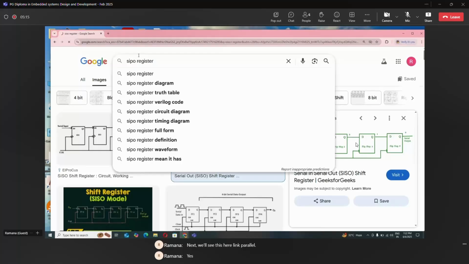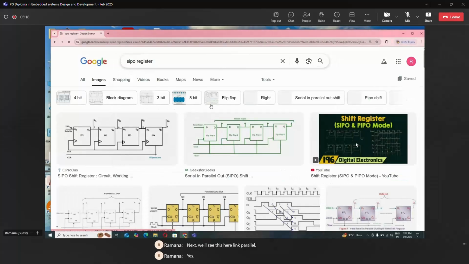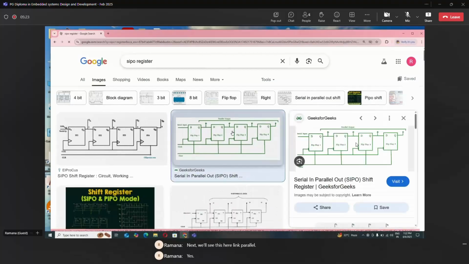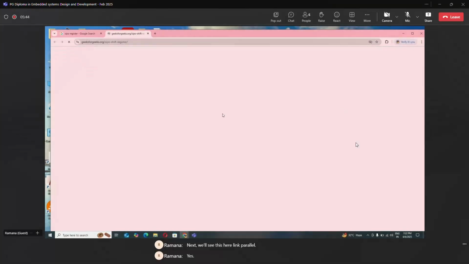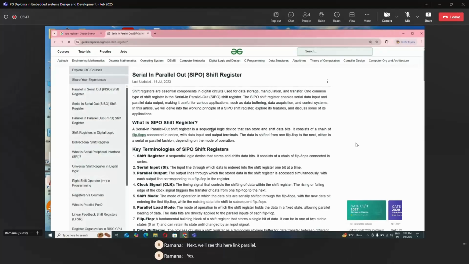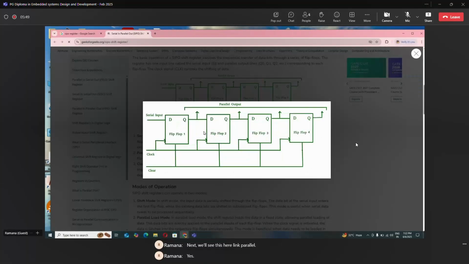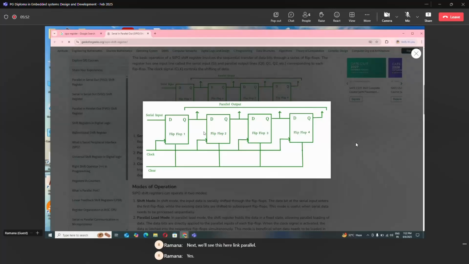Yes, serial in, parallel out. So this is the structure.